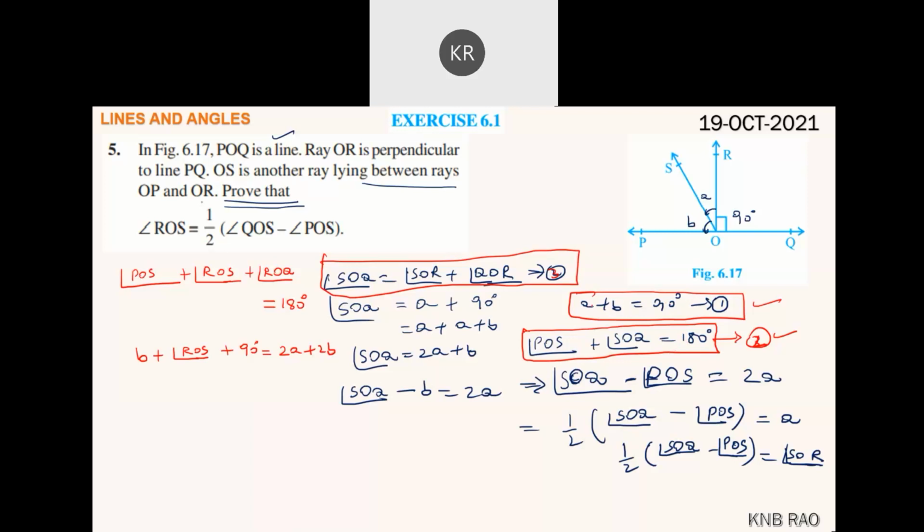When it is 90 it is A plus B, 180 is 2A plus 2B.